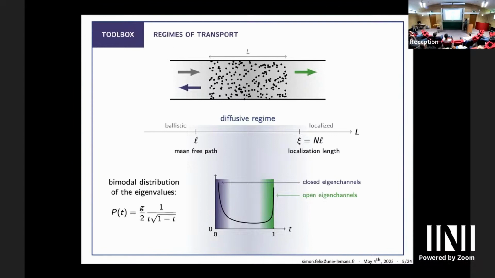Close to 0, these eigenvalues are associated to what we call closed eigenchannels, where waves are mostly reflected, and close to 1 is associated to open eigenchannels, which are mostly transmitted.